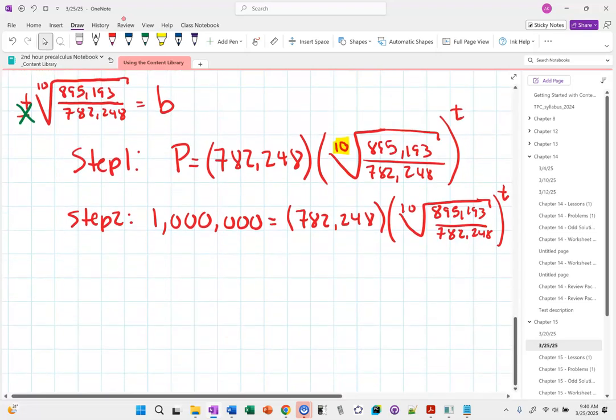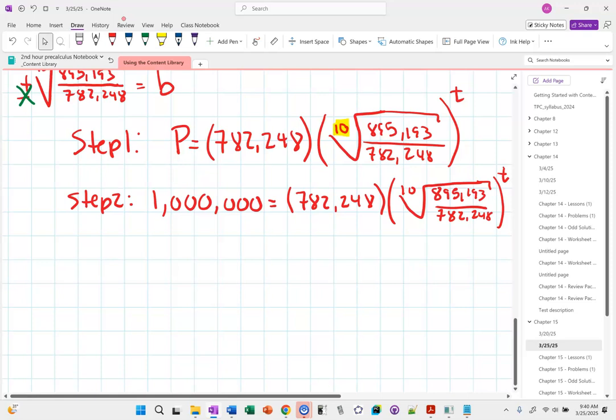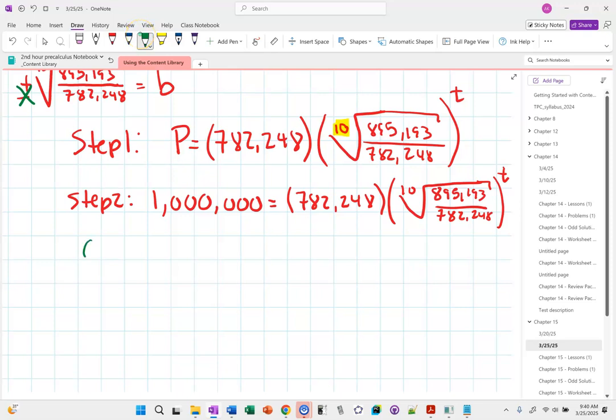We do not have the tools to do this algebraically. What are we going to do? We're going to graph this on our calculator and find the intersection. So into y1, we're going to type the left-hand side of our equation.